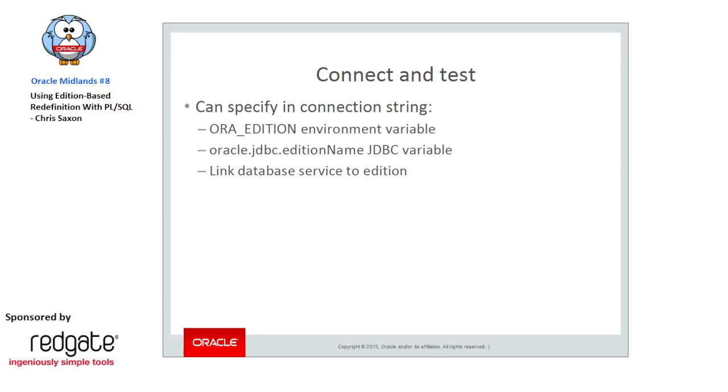And then when we were happy everything was working, we can change that edition name property, and the new connections will then use that edition.